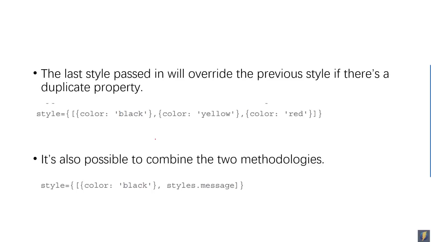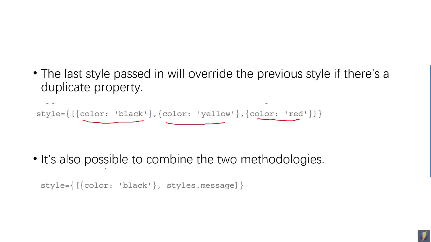For example, we define the color many times. The first one we define the color as black. The second one we define the color as yellow, and the third one we define the color as red. Which one will be activated? The answer is the last one. The last one will override all the styles defined previously.